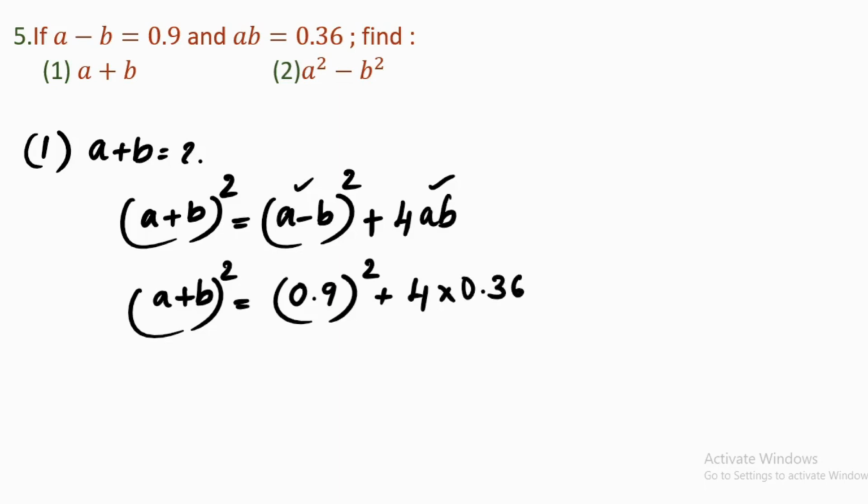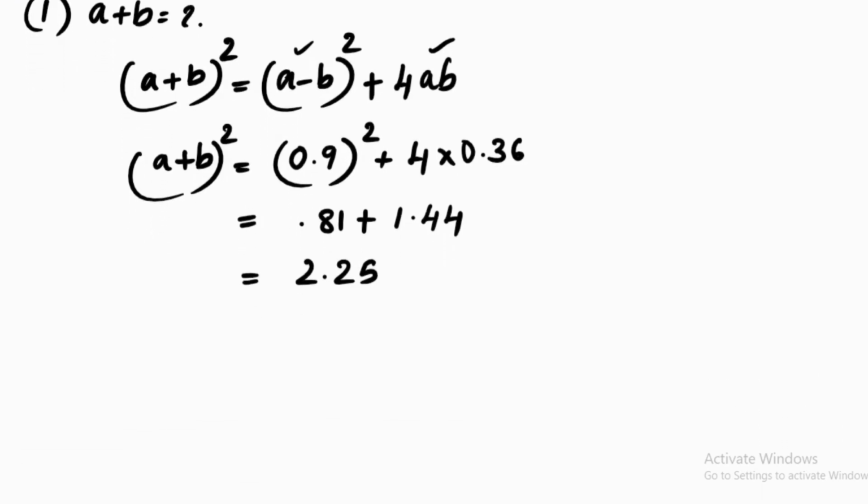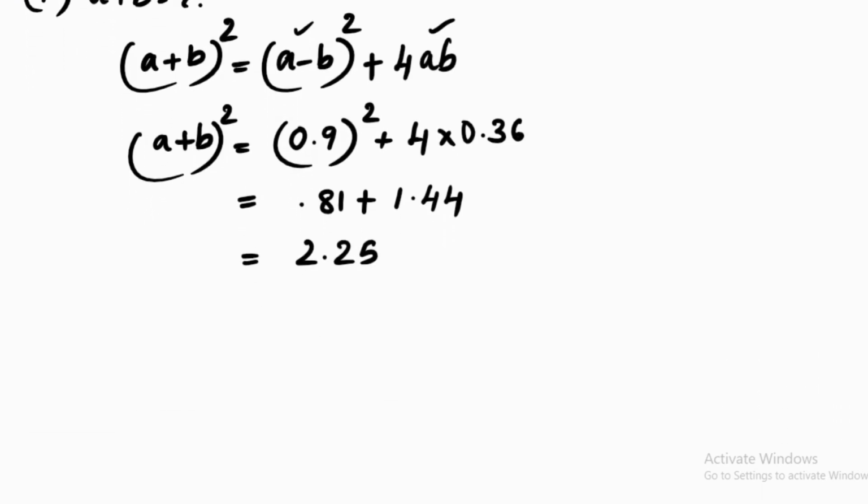So we will calculate the value: 0.9 the whole square is 0.81, plus 4 into 0.36, which is 1.44. So this equals 2.25. So we have got a plus b the whole square as 2.25.